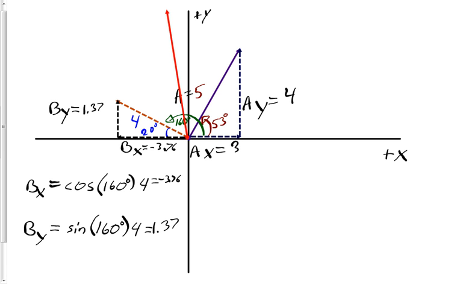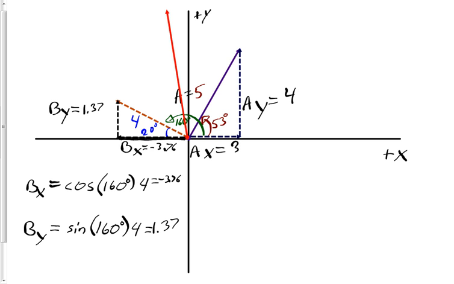Now, if you notice, you can actually find the length of those vectors by using the 20 degrees. This one down here, the x direction, you could use the cosine of 20 degrees times 4, and that would give you 3.76, but not the negative. When you put in the 160 degrees, the calculator assumes that you are starting from the positive x direction going counterclockwise.